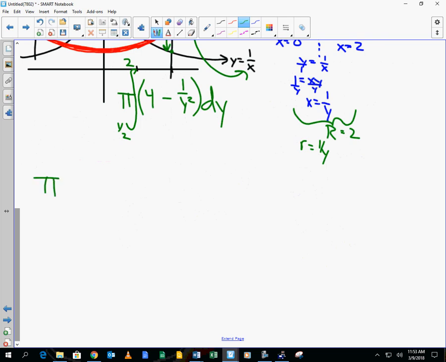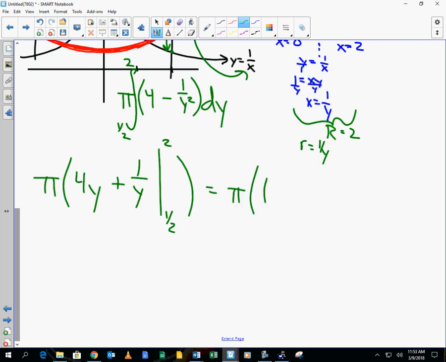Okay, so we've got pi times, what's the antiderivative for 4y plus 1 over y? Very good. You guys are really smart. And 2 and 1/2. Oh, again, the 2. I'm just going to attach the pi at the end.